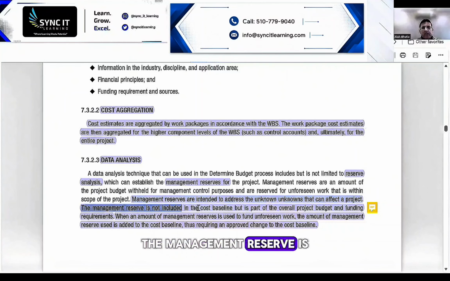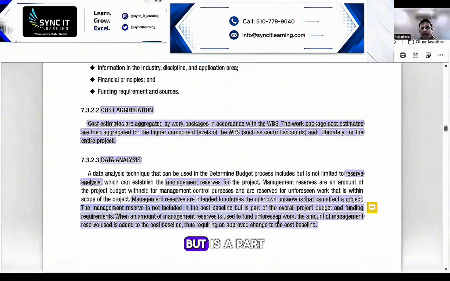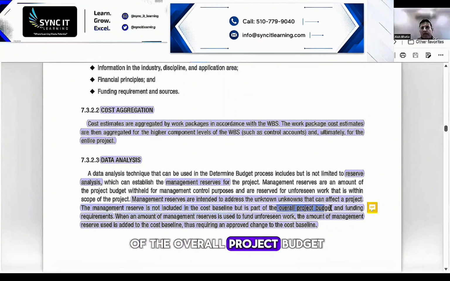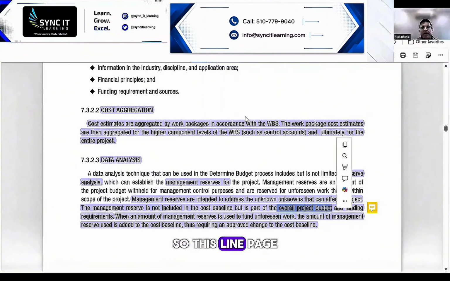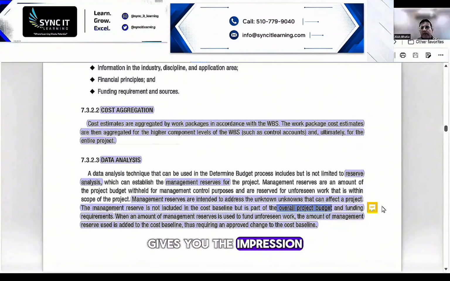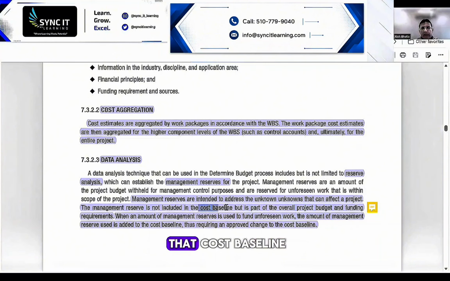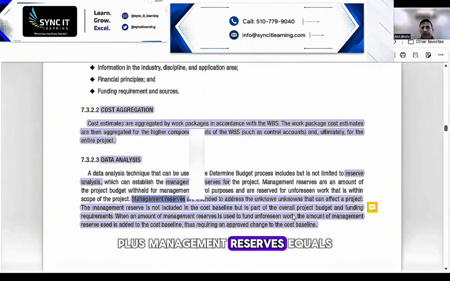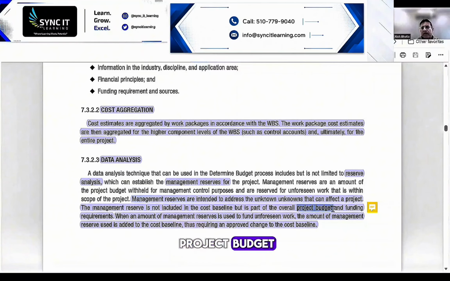The management reserve is not included in the cost baseline, but is a part of the overall project budget. So this line gives you the impression that cost baseline plus management reserves equals project budget.